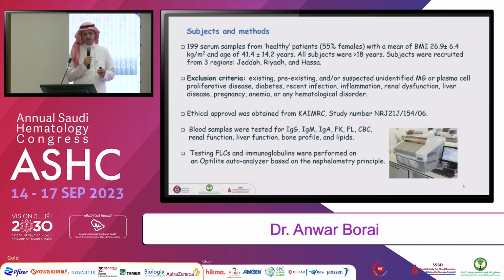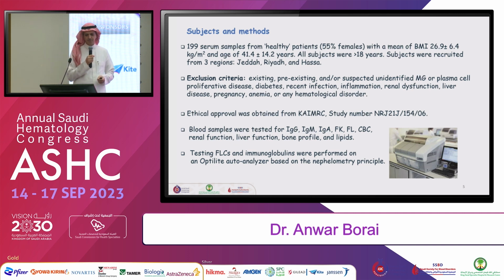They were recruited from three different regions: Riyadh, Jeddah, and Hassa. Exclusion criteria were existing, pre-existing, or suspected unidentified monoclonal gammopathy, and also diseases like diabetes, recent infection, inflammation, renal dysfunction, liver disease, pregnancy, anemia, or any other hematological disorders.